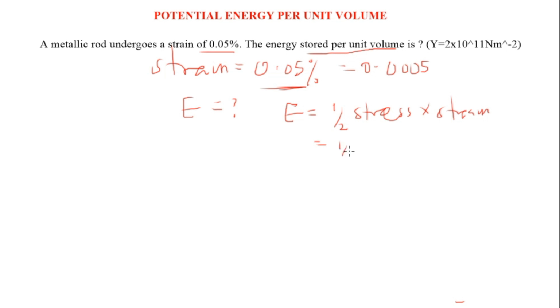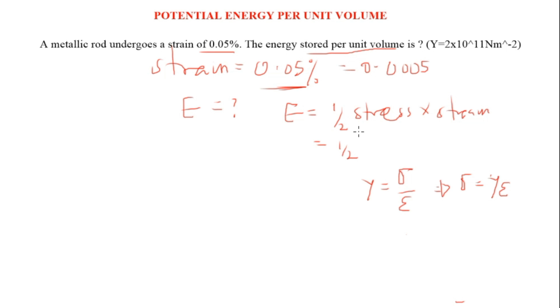Though it is also the same, since from the formula for Young modulus, Young modulus is stress upon the strain, so we can say that the stress is equal to the product of the Young modulus and the strain.